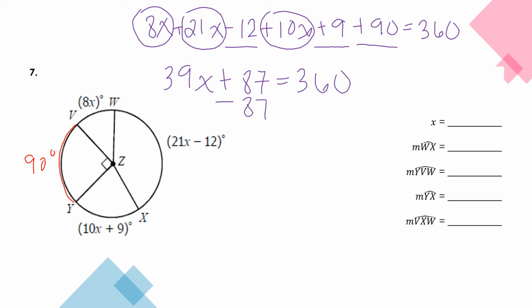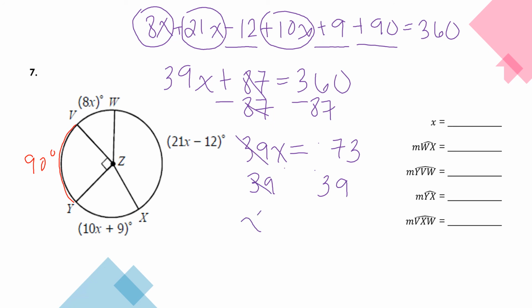Now, this should be a lot easier. Subtract 87, so that gives us 39x equals, and 360 minus 87 is 273. We're going to divide both sides by 39, and that will give us that x equals 7.